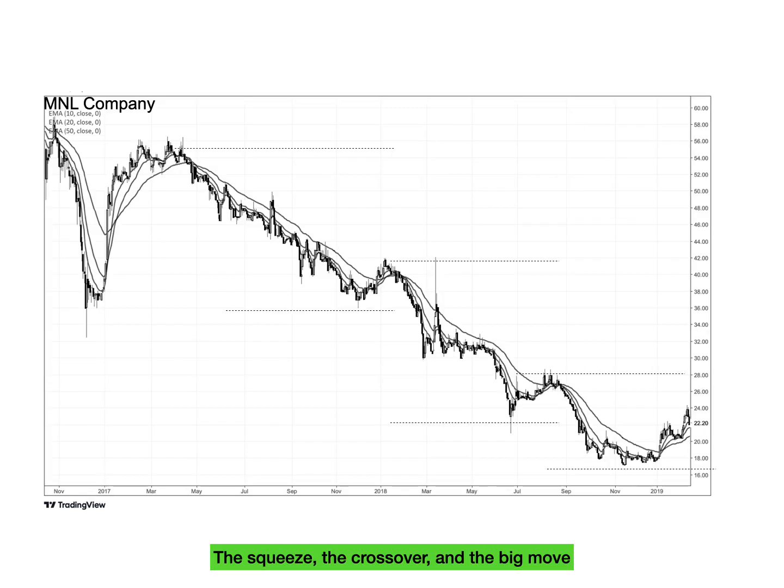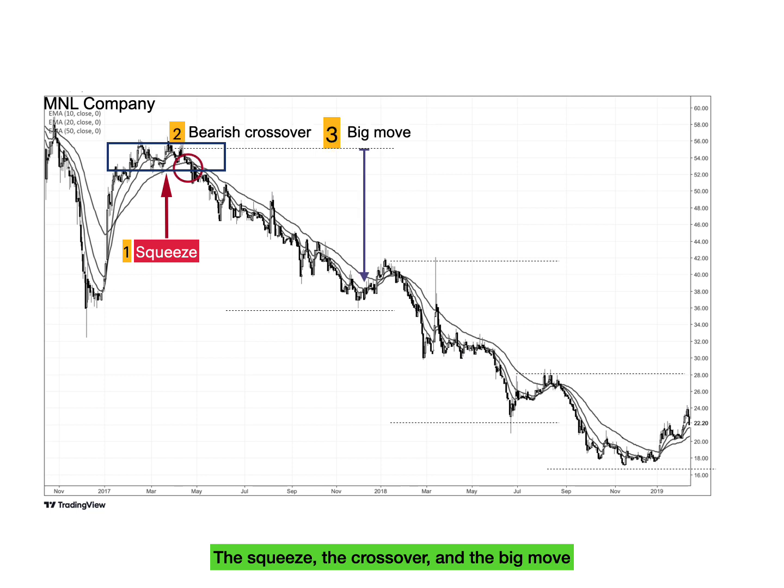So this shows the downtrend that followed that move. You notice again the same pattern of contraction and expansion within the downtrend. So there's a squeeze, a crossover, and a big move.